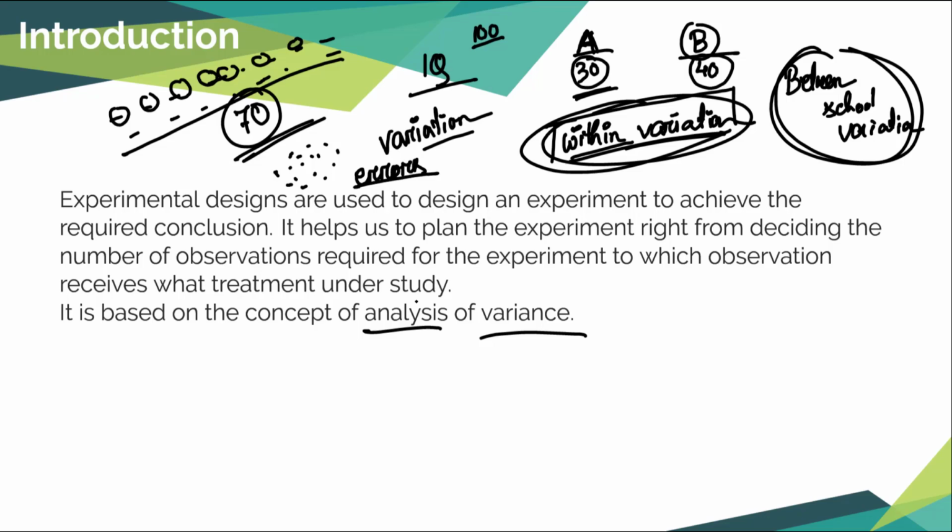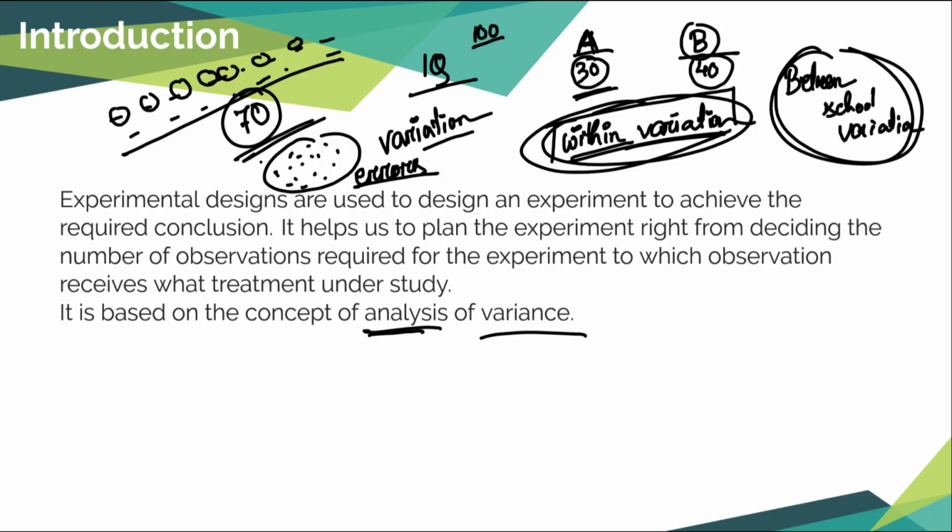And analysis of variance is a technique or process in statistics where we explain different types of reasons for the changes or variations, keeping in mind that our ultimate objective is to reduce error. That means we want to explain as much of the cause of variation as possible, right? So that is analysis of variance, and based on the concept of analysis of variance, we have certain standard designs of experiment.